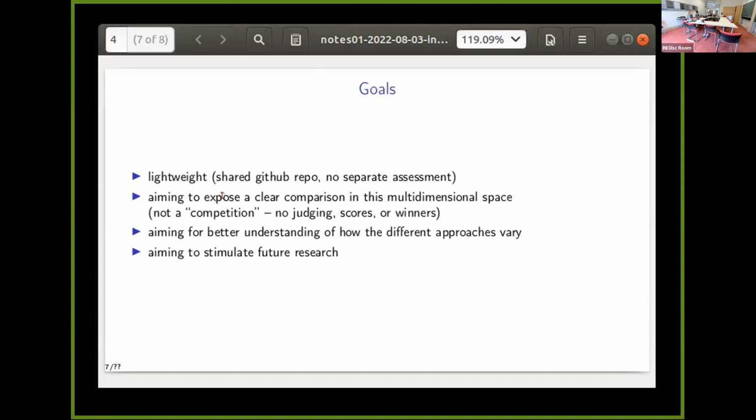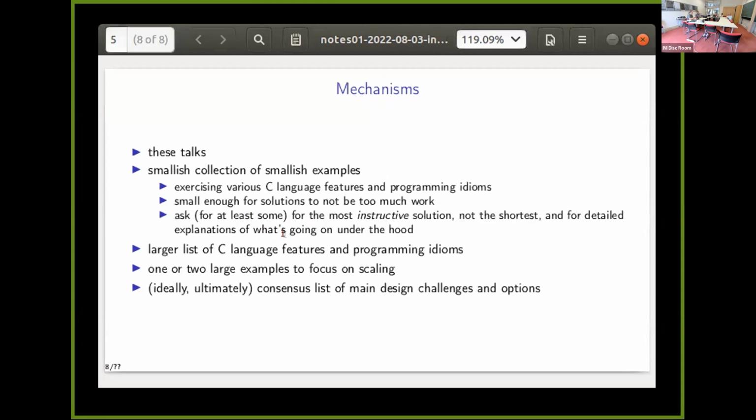We aim to expose the comparison in this very highly multidimensional space, not have a competition exactly, because, A, I don't think we have the spare effort to do judging, and B, it may be counterproductive to do scores for winners in such a small community. So this is a difference from the automated tool space. And then we aim not just to understand what tools can do, but to understand how they work, and of course, to stimulate future research.